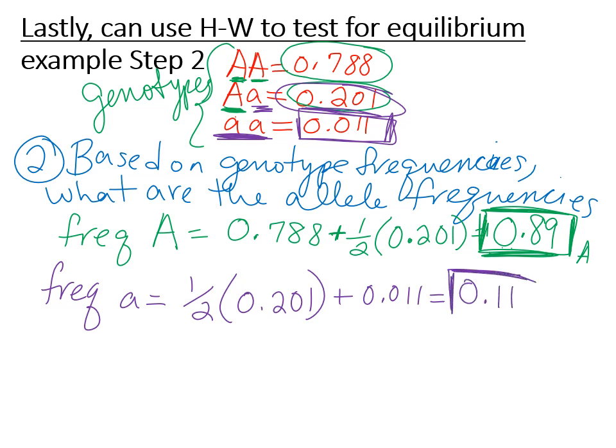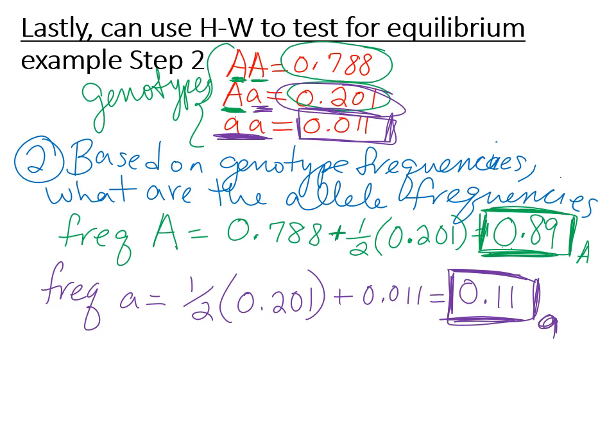Now, once you have the first number, which in this case was 0.89, you also could have simply done 1 minus 0.89, because like we mentioned earlier, the frequencies of both of your alleles must equal 100 percent. You could have done it that way as well. The reason I didn't is that the point of this is to really see whether or not this population is in equilibrium.